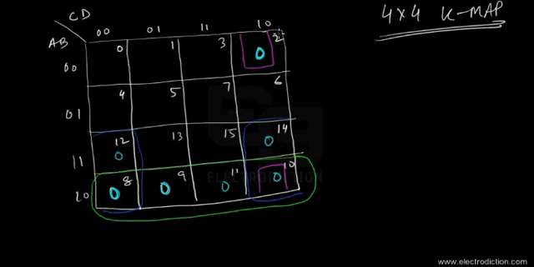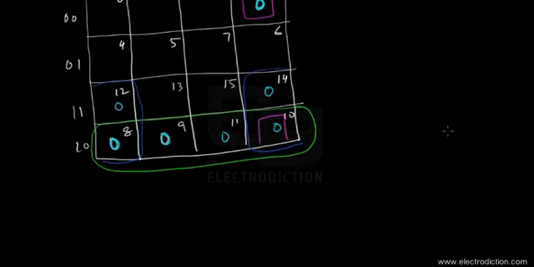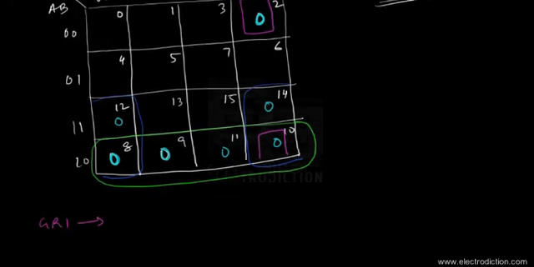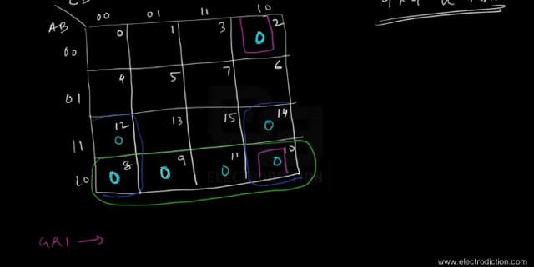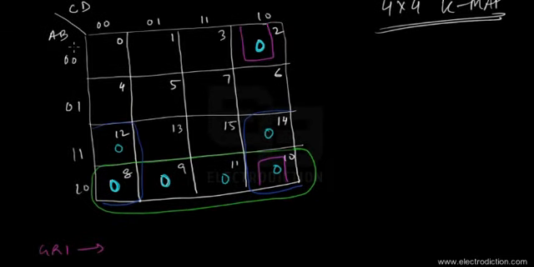So let's just take the pink circled one, that's the combination of cell 2 and 10, as group 1. So for group 1, the expressions that we can get would be written something like this. Remember that this is a POS expression, so it's just a product of the sums.